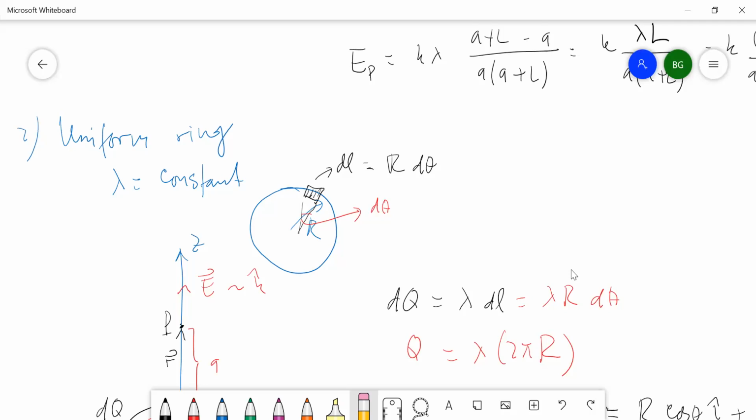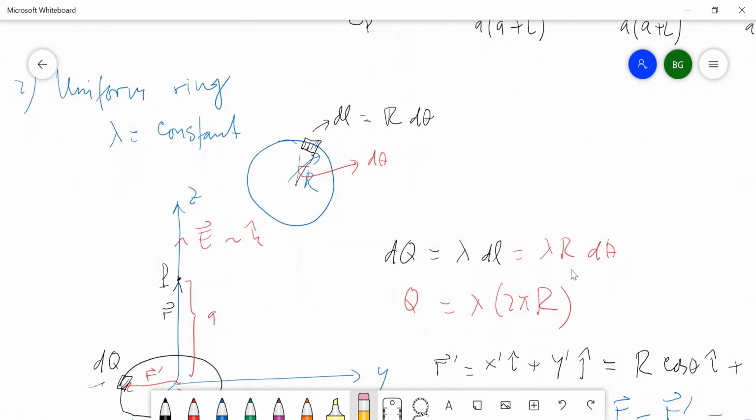Arc, oke, bagian busur lah yang kita sebut arc. Jadi panjang busur ini adalah dL yaitu R kali d theta. Jadi nanti dQ-nya tinggal lambda kali dL, di mana dL itu adalah R d theta.